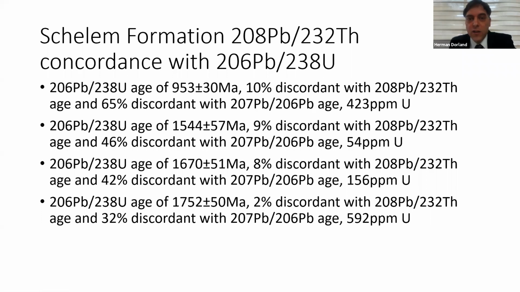So if you compare two different systems, the one is concordant and the other is discordant. So what would you believe then? If this age is already 953 million years, it would cause discrepancies with all the Transvaal supergroup, the Bushveld complex, the overlying red beds, and so forth.